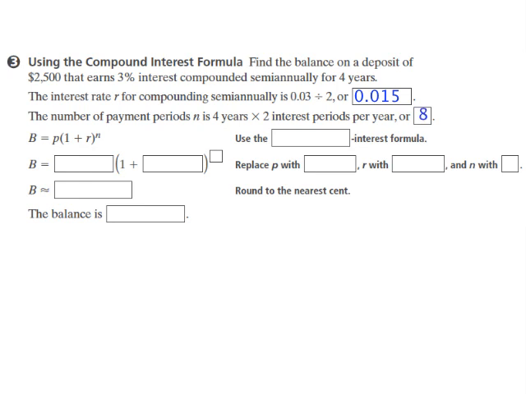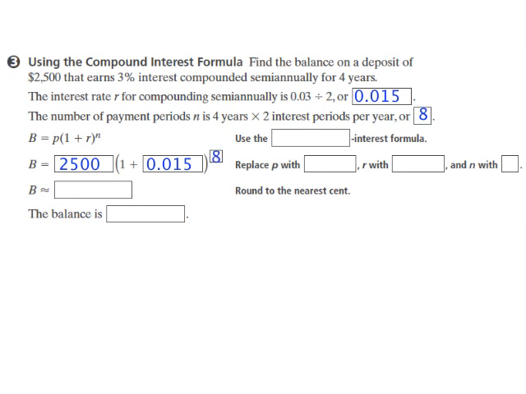So we use our compound interest formula: B equals P times the quantity 1 plus R to the nth power. Our principal is $2,500. Our interest rate is 0.015, and the number of periods is 8, so N is 8.